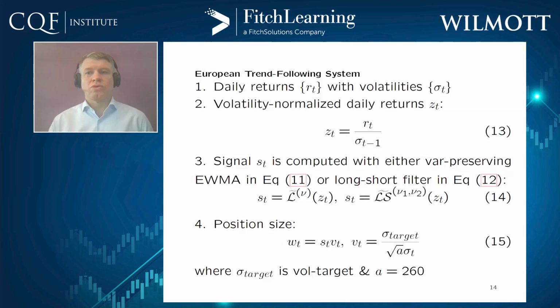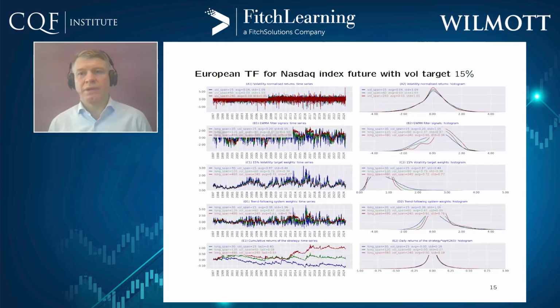And here I wanted to show you the EVMA filter. How does it work? We have volatility normalized returns in the first panel, and on the right you see the distribution.